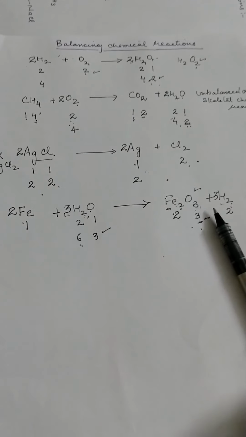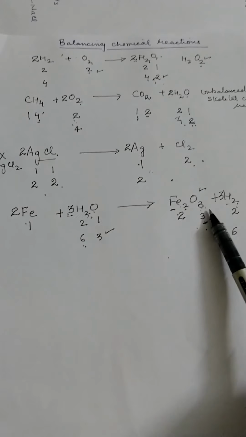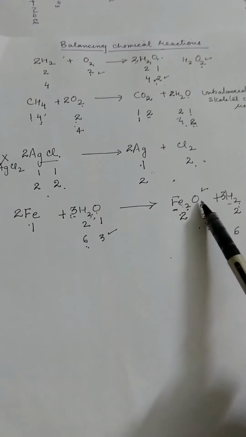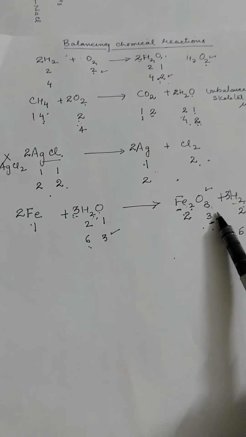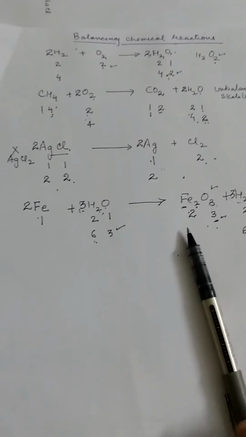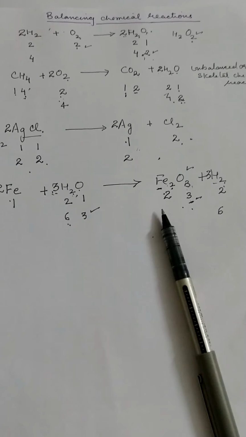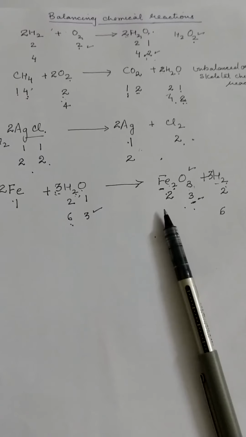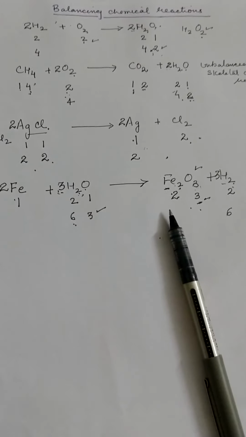In this reaction, oxygen has 3 atoms in this compound of iron oxide. So I started from here, right? So what we can say is, balancing a chemical reaction is a hit and trial method, right? So one needs to practice, and it comes with practice.